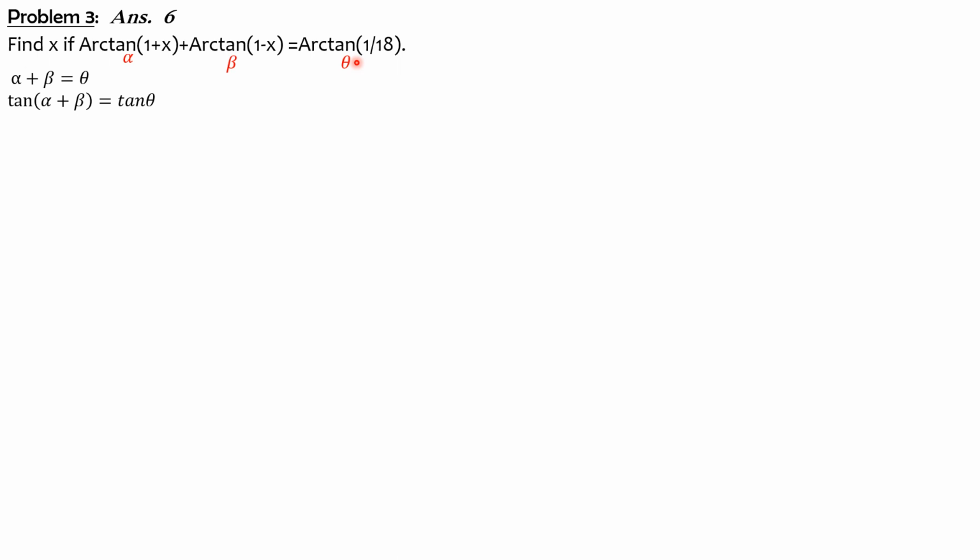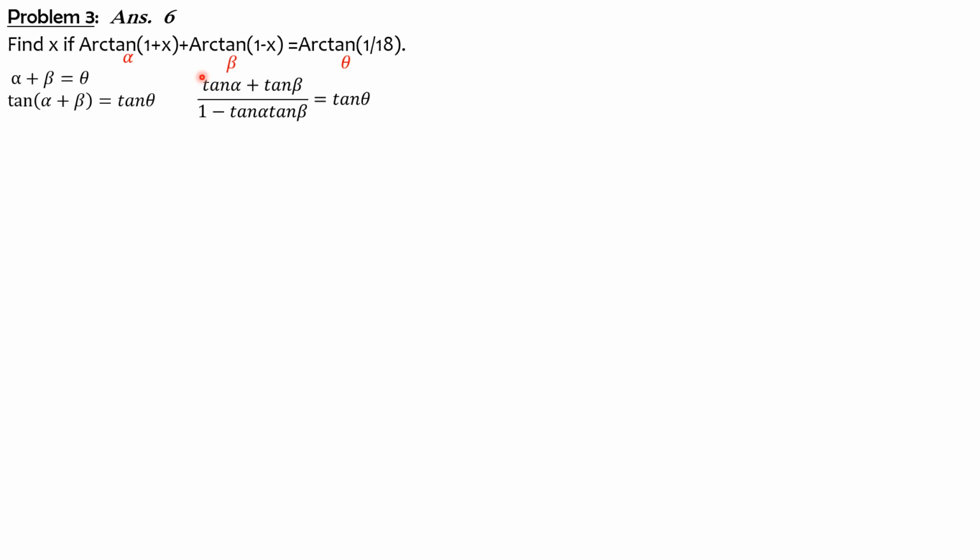Then expand tangent of alpha plus beta, which is tangent of alpha plus tangent of beta, all over 1 minus tangent of alpha, tangent of beta, and equals tangent of theta. So it is a must that you should be able to expand tangent of alpha plus beta, or else you cannot solve this. But if you know the calculator techniques, then that's your way of solving it. But this is for those who are taking up trigonometry at present, high school students maybe. This is the accepted solution by your teacher.